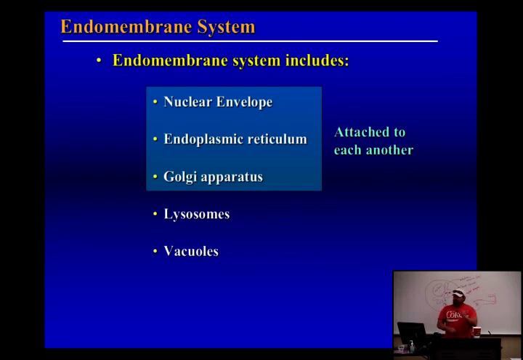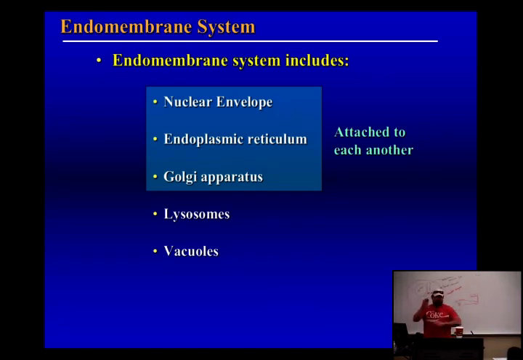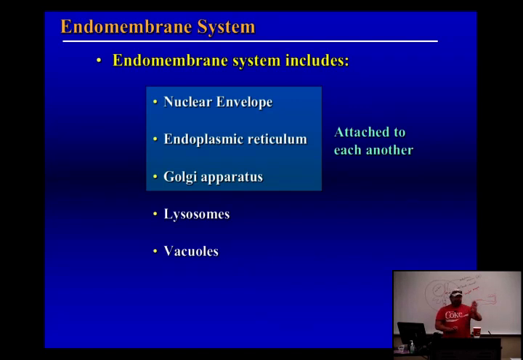But also, you saw in that video where the ER will move part of its membrane and that will fuse with the Golgi. So they also share membranes. They're not directly connected, but they share them through vesicles. So those are considered part of the endomembrane system as well. So we'll talk about how this endomembrane system works together to transport molecules.